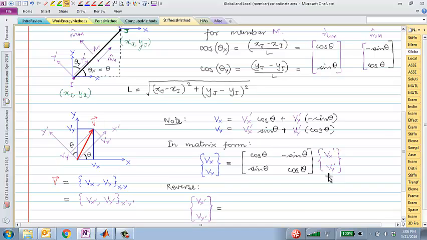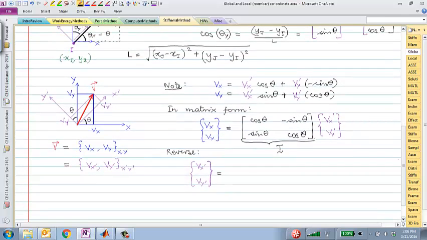If I want the inverse, if I want Vx prime, Vy prime in terms of the global coordinates, what should I do? Right, yeah, so we just take the inverse of that matrix. I'm going to call that matrix T for transformation matrix.